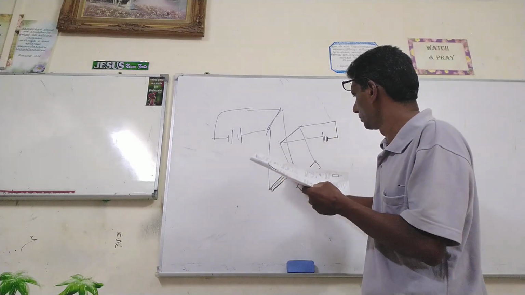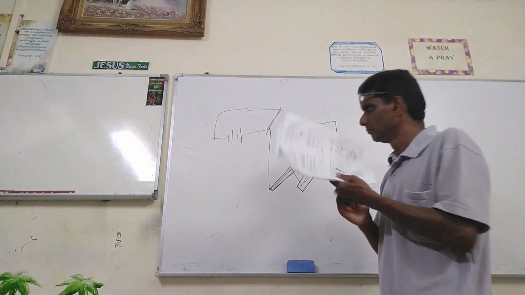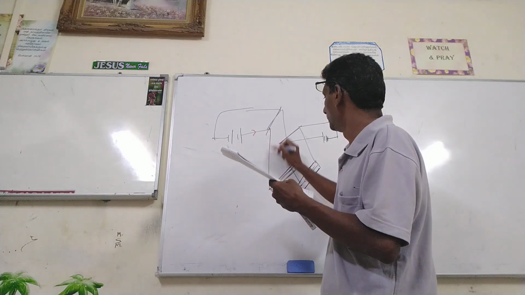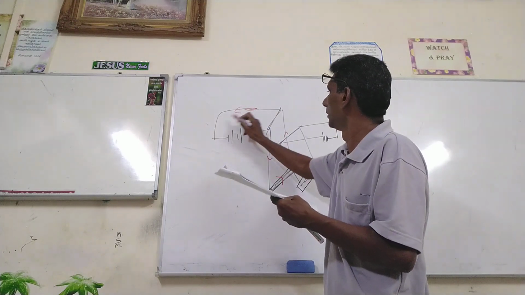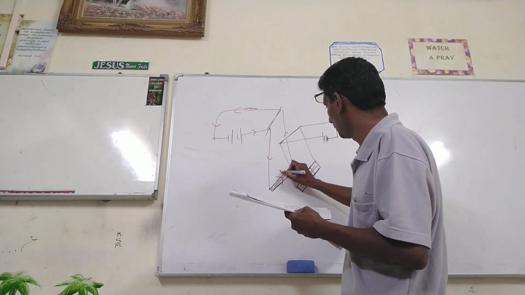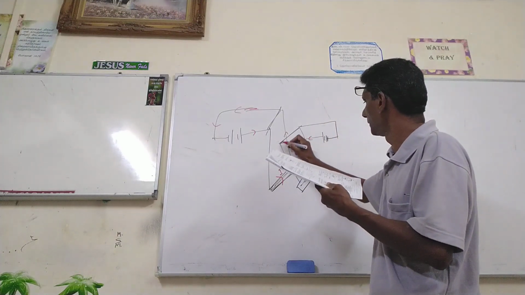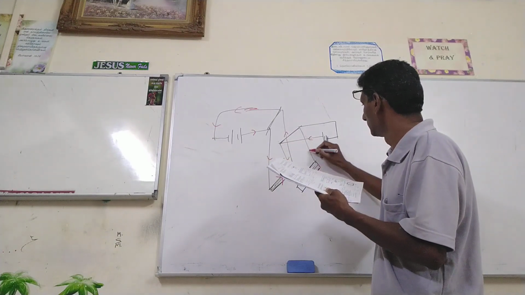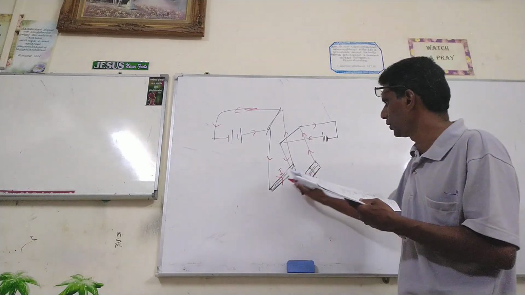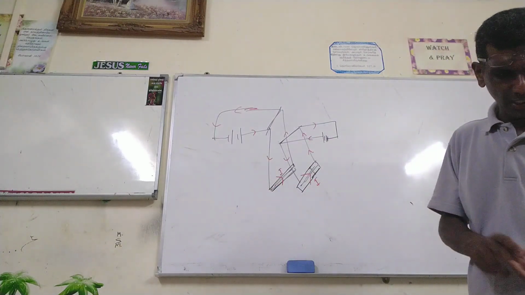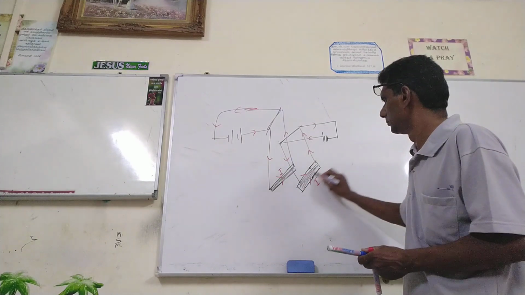Okay, these are two rods. I draw the current flow first. The current flows like this, like this, and this one also flows like this. These are the two aluminium rods, and the current flows like this.